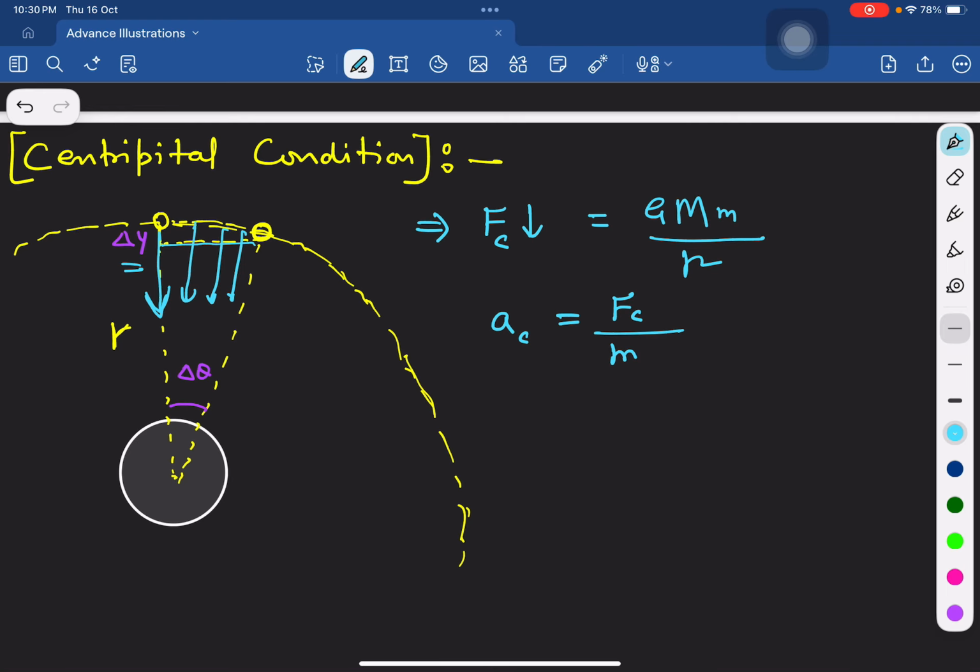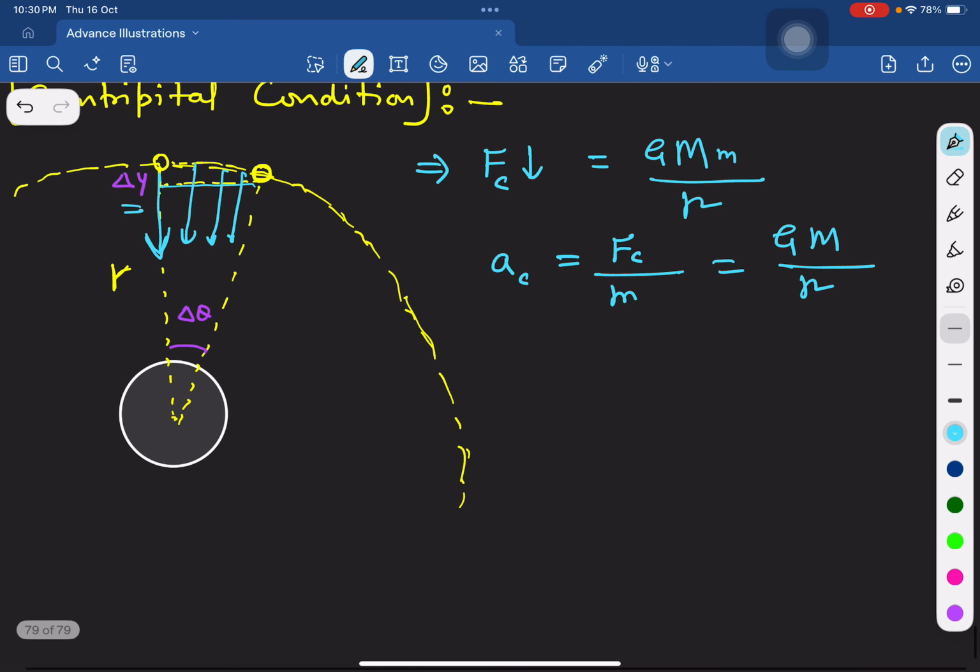So this will be GM divided by r square. I hope you're getting my point. So due to this force, due to this acceleration, the body had this delta y displacement towards the center. This displacement has come because of this acceleration which is acting towards the center, or we can call it a_y if you want.